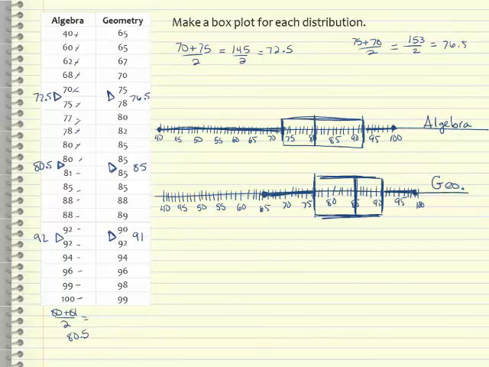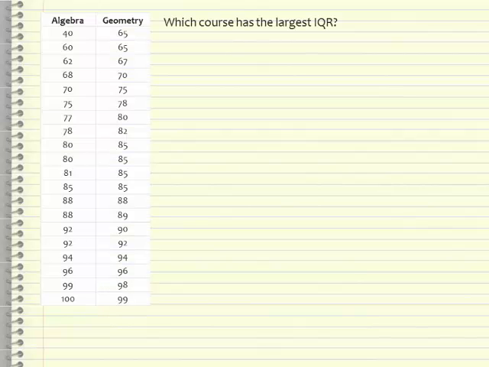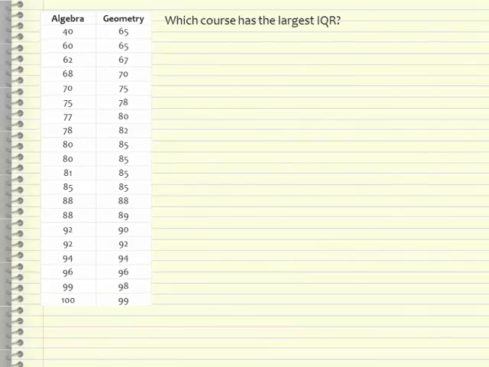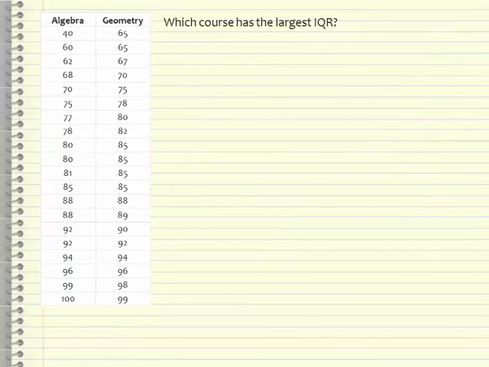So I've made my box plots. Now we want to see which one had the largest interquartile range. So if we go back, we've got 72 and a half, 92 and 80 and a half. So right here we had 72.5, we had 80.5 and 92.